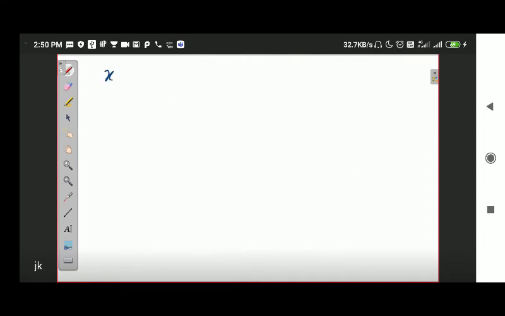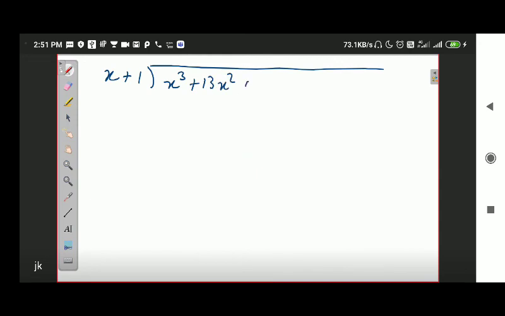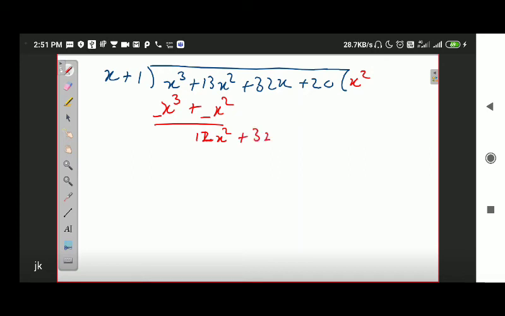Now what we need to do is the long division. We need to divide the polynomial that we had, x cube plus 13x square plus 32x plus 20, by x plus 1. I already know the remainder for this case. Remainder is going to be 0. What I'm interested in is the quotient part. So first of all, x square, x cube plus x square. You change the sign and you will get 12x square plus 32x plus 20.